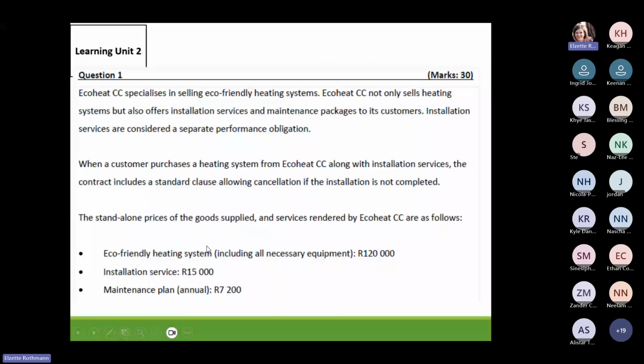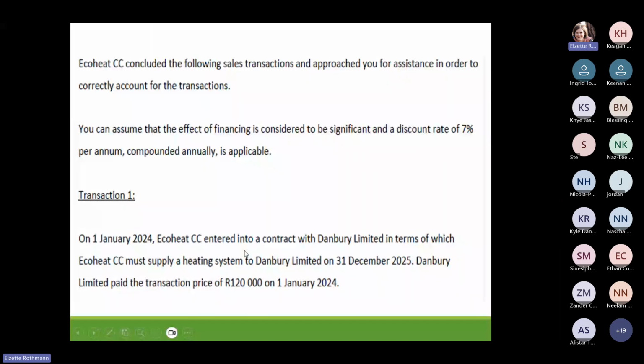Okay, so what we need to worry about for specifically transaction 1 is that they tell us they enter into this contract. They must supply a heating system. So probably in supplying this heating system, the installation and all of that is included already. And then they just tell us the transaction price for this is 120,000.